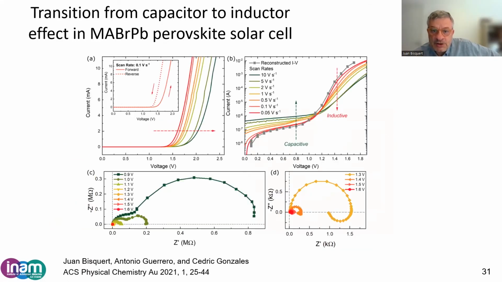This understanding is going to give us a very good control over hysteresis properties, because we can measure the impedance and see, for example, in this case, a transition from capacitive with the two arcs at low voltage to inductive at high voltage. And then at high voltage, we expect inductive features, and at low voltage, we expect capacitive hysteresis. And this is exactly what happens.